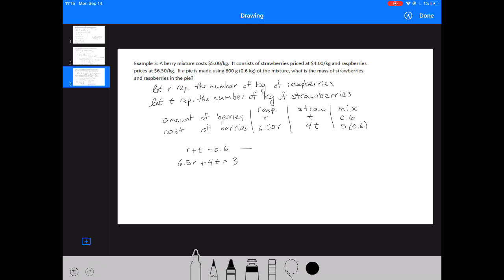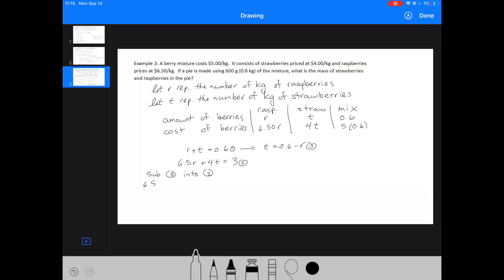So I think that I'm going to solve this using substitution. So I'm going to rearrange for T by moving R over. So I've got 0.6 minus R. And let's label my equations like I did before: 1, 2, and then my third relationship. So now I'm going to sub 3 into 2.